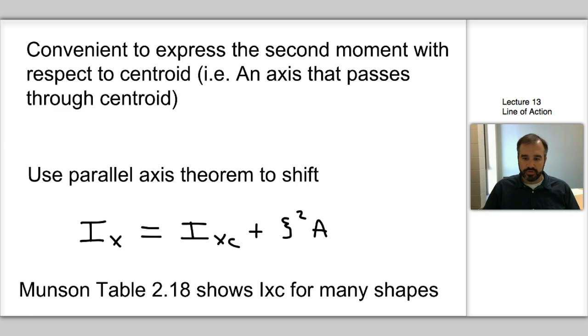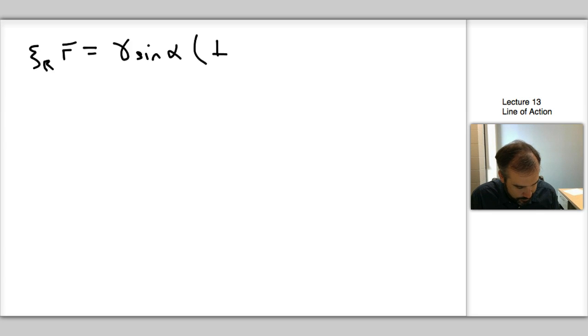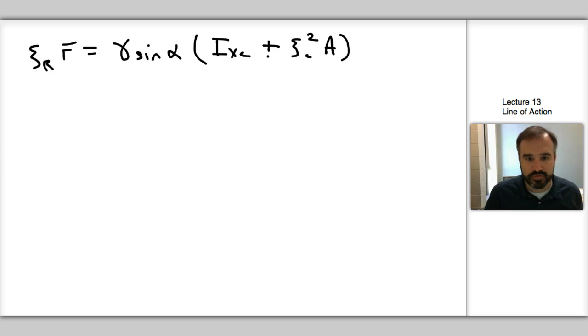Then what we want to do is substitute this expression back into our original summation of the moments. So we now have psi r F is equal to gamma sine alpha times Ixc plus psi c squared times the area.